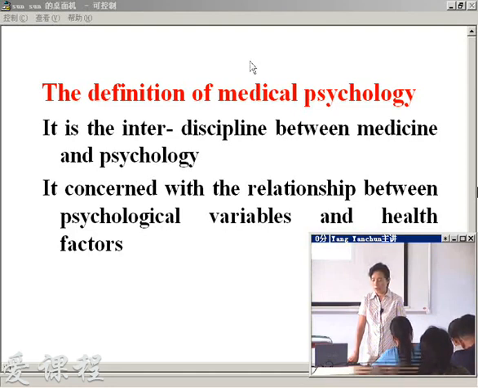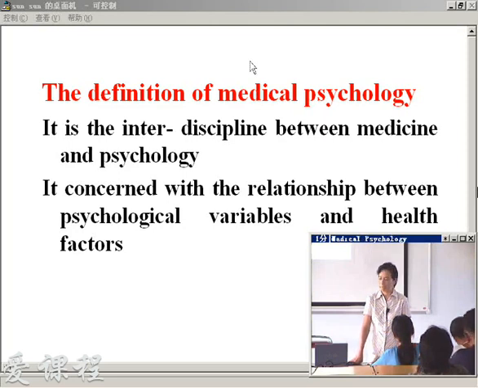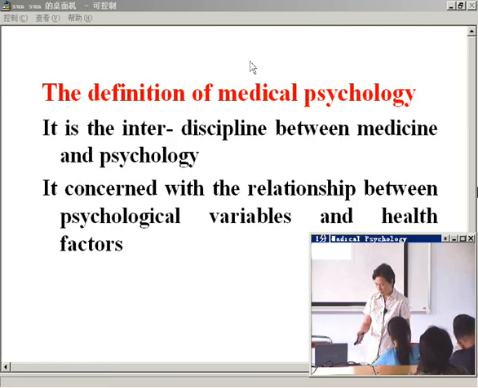This course concerns the relationship between psychological variables and health factors. Medical psychology emphasizes how psychological variables interact with biological factors.